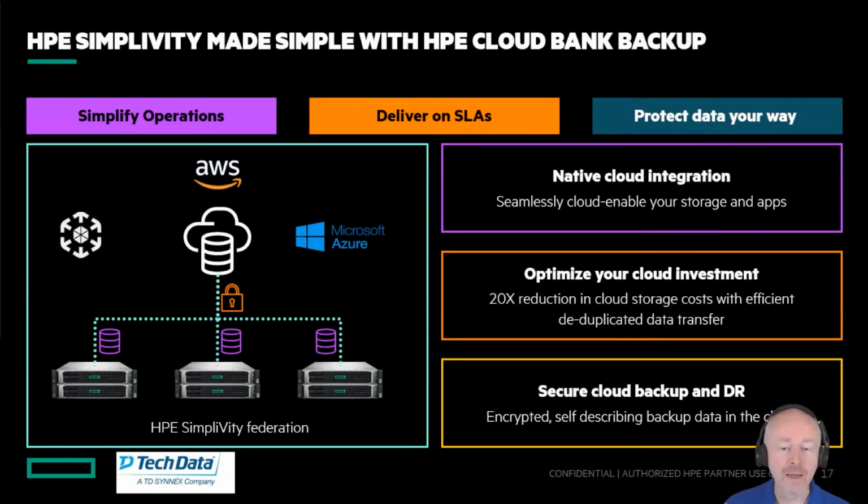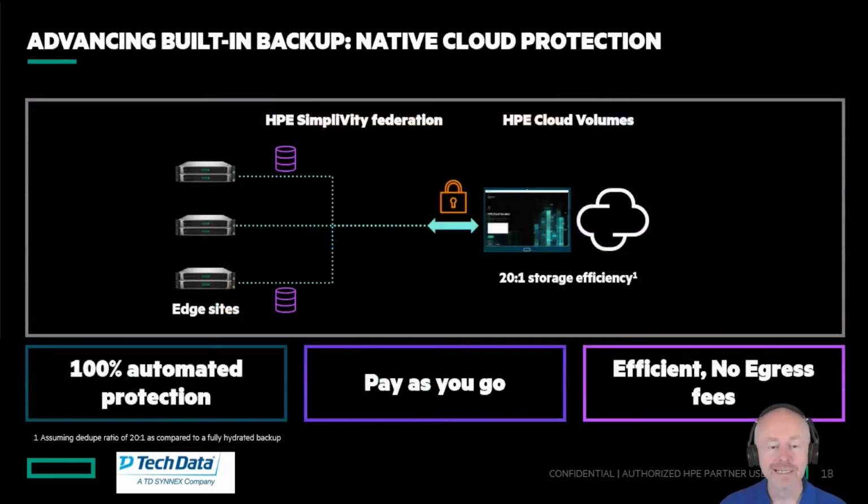At that moment, you can choose for yourself if it will be in AWS or Azure or Google. It's just a license, a subscription that you pay per terabyte. And then with SimpliVity, you can make a connection to Cloud Bank, to that cloud repository, and keep your backups over there for how many months or years that you would like.